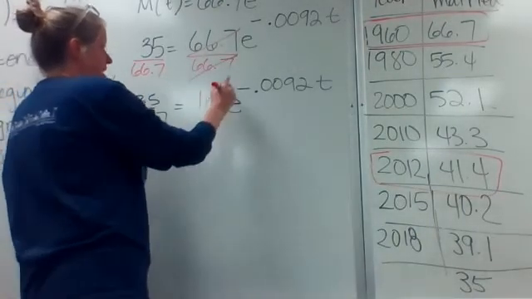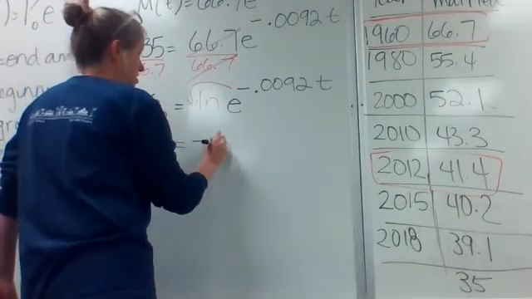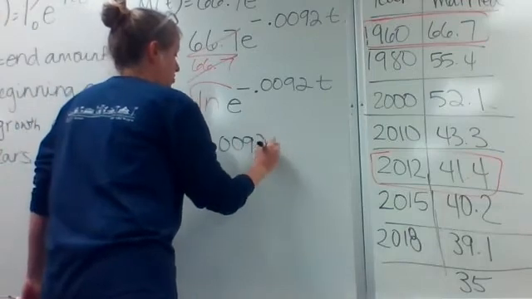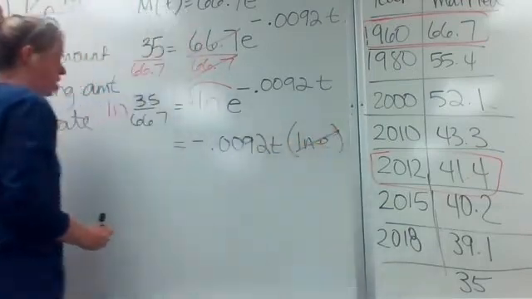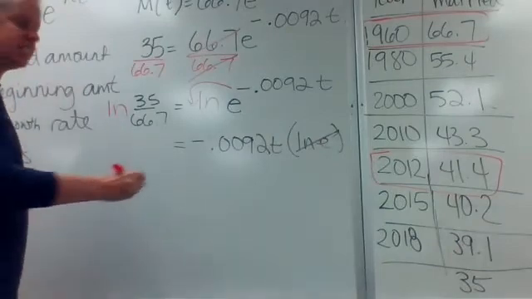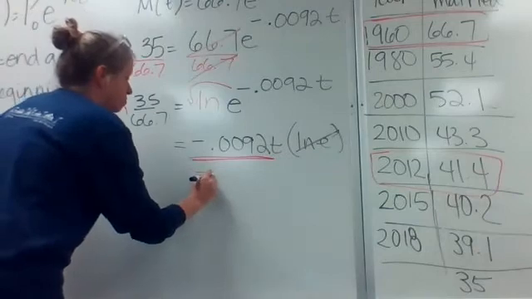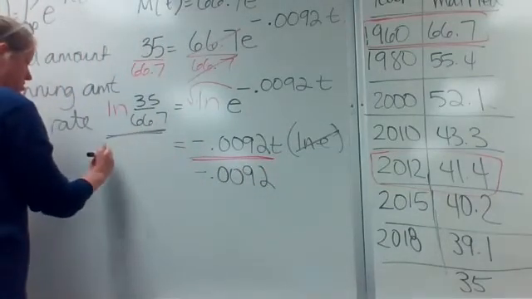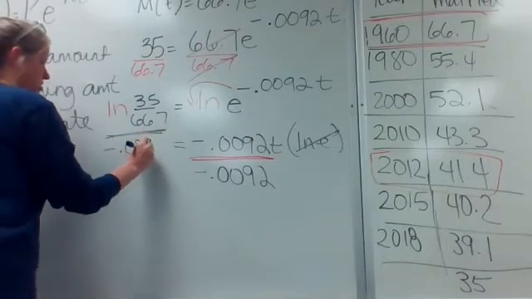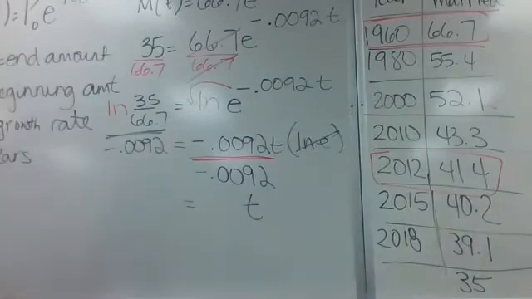Since I'm ln'ing, now I can bring down my exponent. So I have negative 0.0092 T times ln E, and again, ln E is 1. So what's the last step I need to do? Divide by negative 0.0092 on both sides. And this time, we're going to be rounding to the nearest whole number.